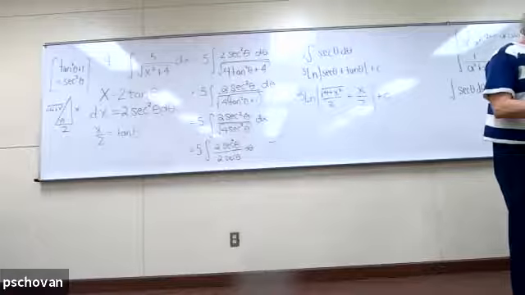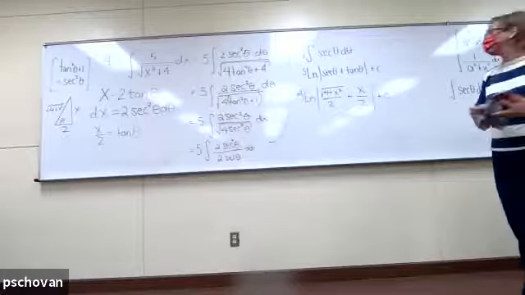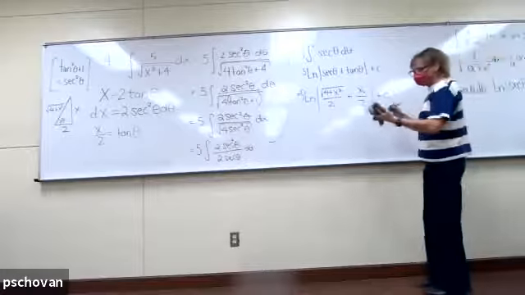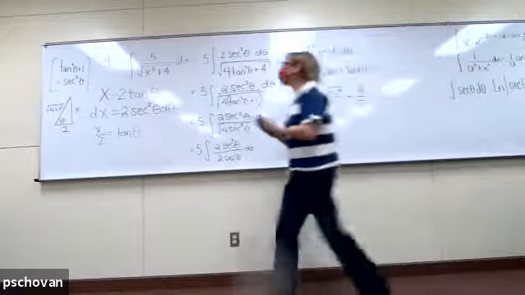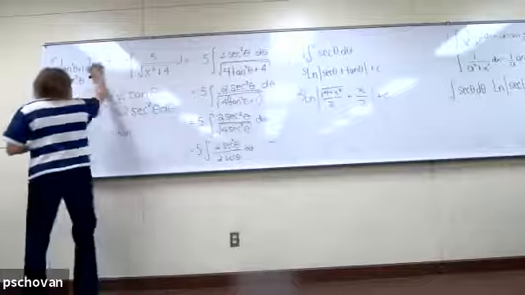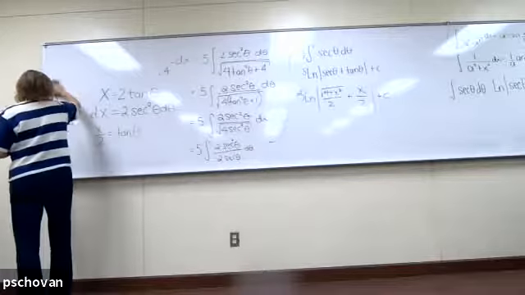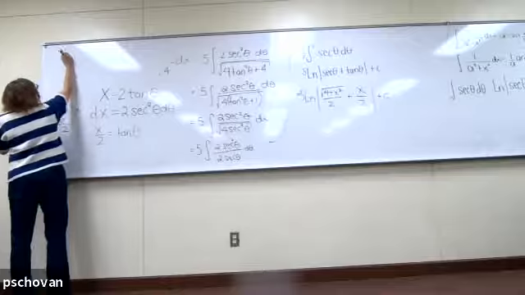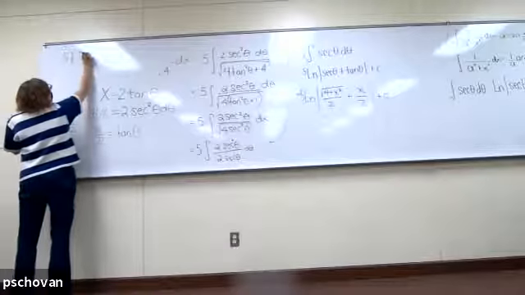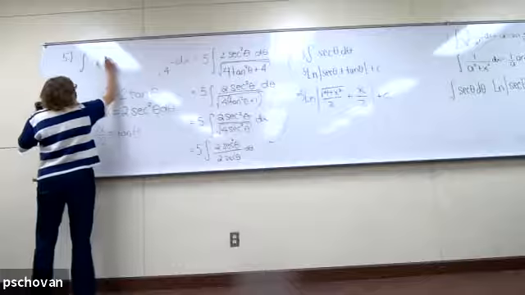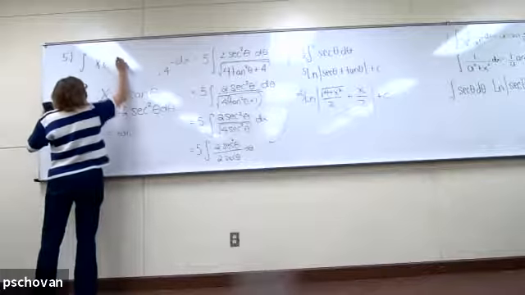Okay, so let's look at problems 5 and 6 together. Number 5 is the integral of x times e to the 2x.